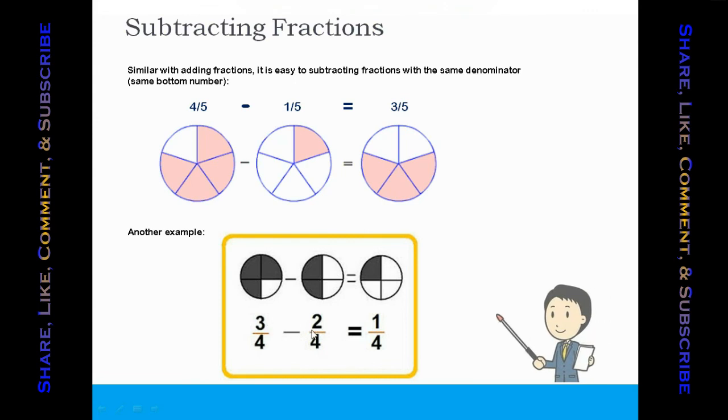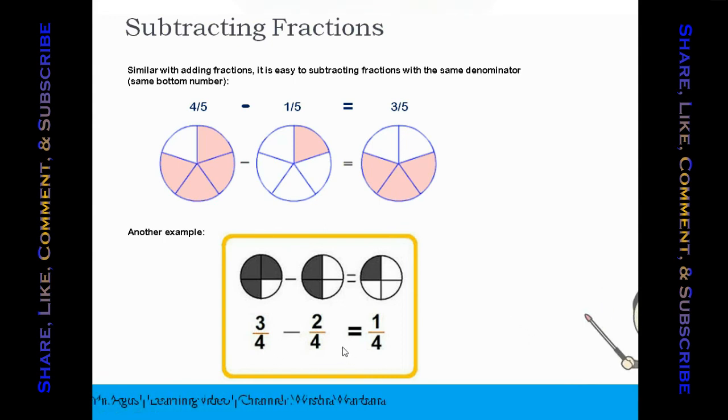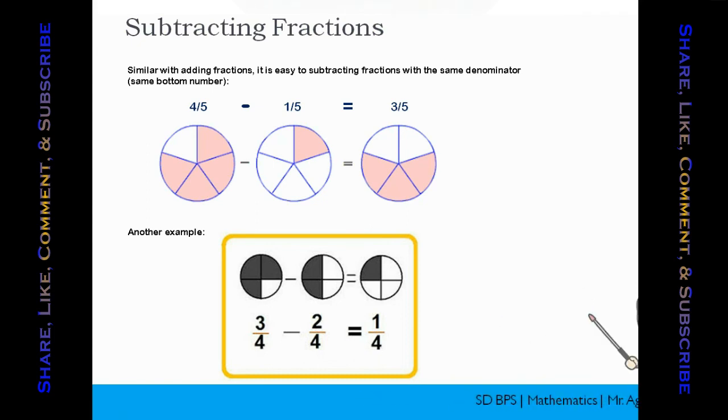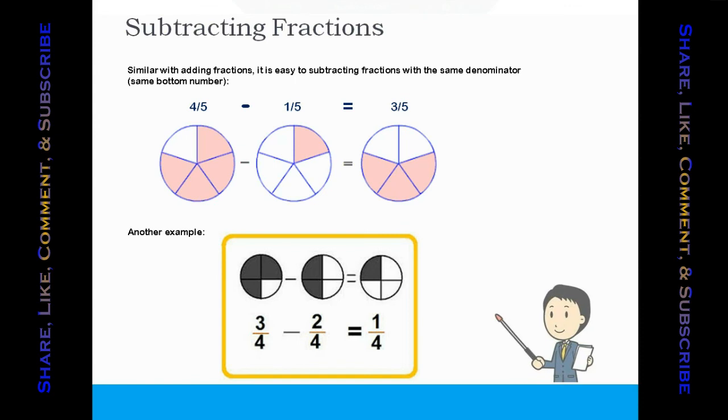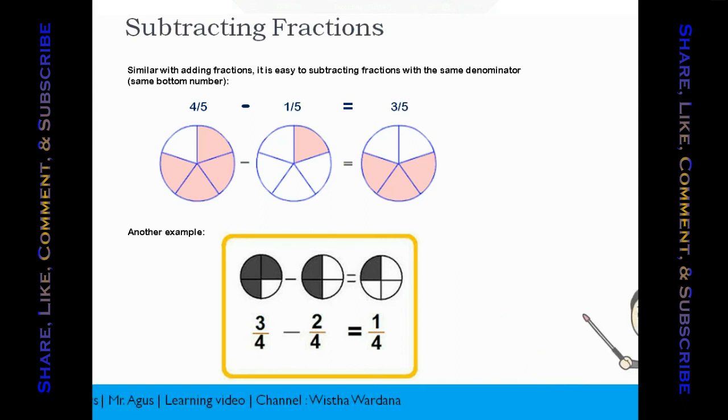So 3 minus 2 is 1. And then the denominator is still 4. So the answer is 1 per 4. I think that's easy for you because you are smart students.